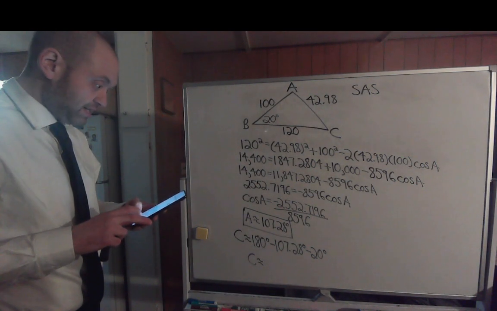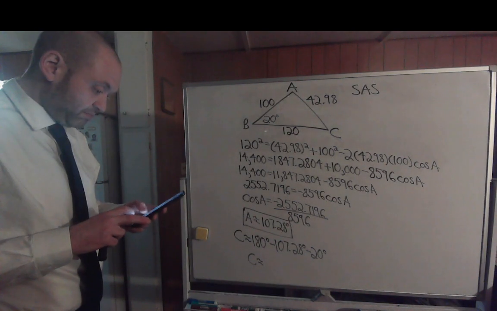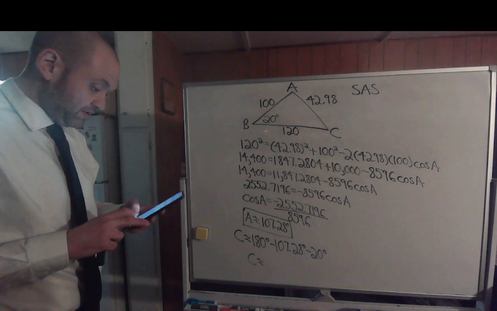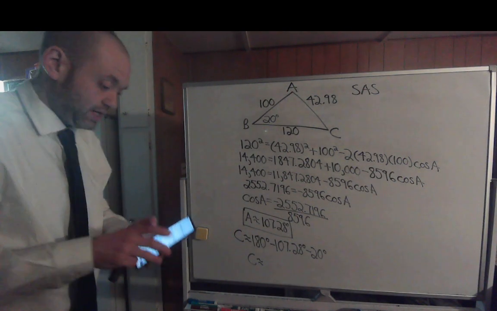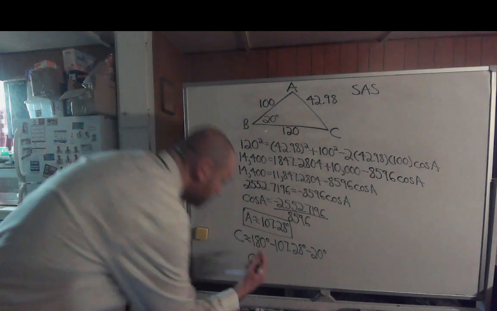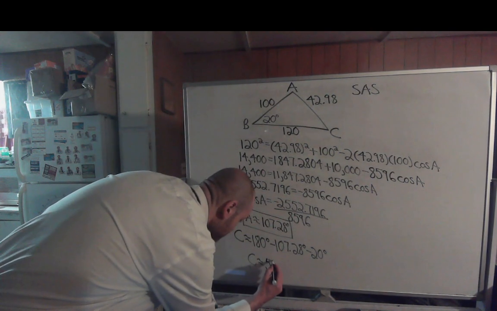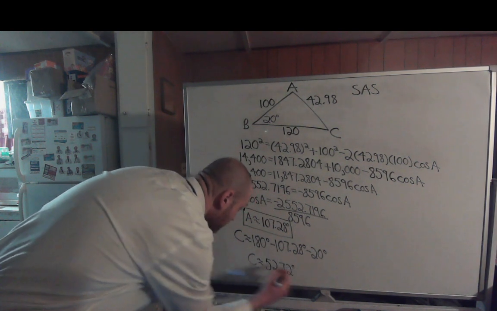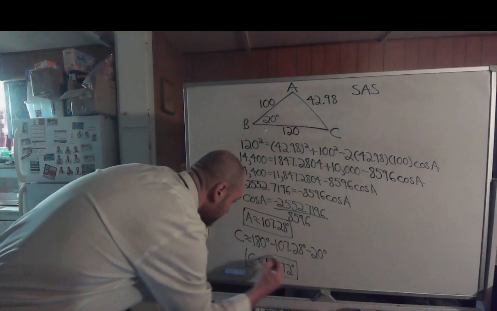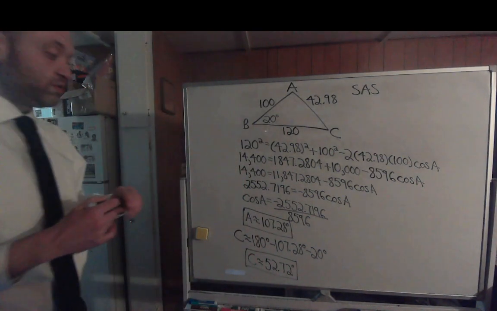So let's do this: 180 minus 107.28 minus another 20. No, I didn't want plus 20, I wanted minus 20. That gives you about 52.72 degrees. So angle C would be about 52.72 degrees.